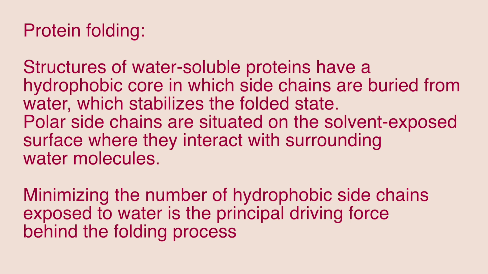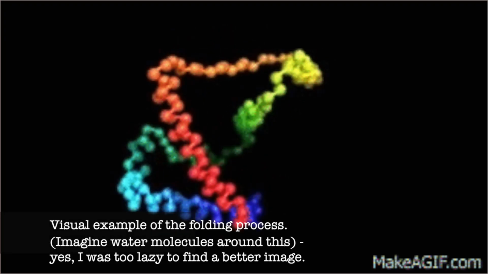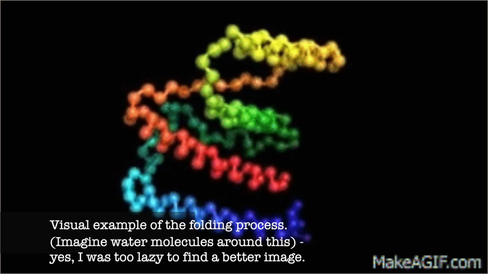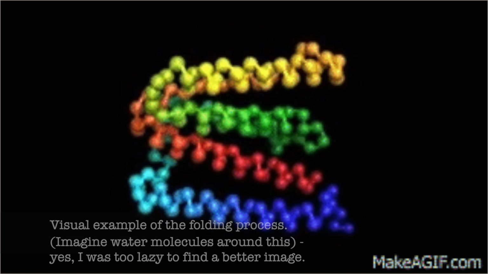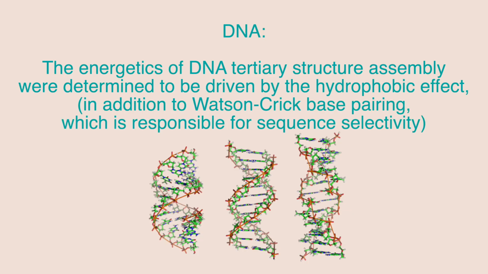This causes the folding of the protein, which compresses it, makes it more compact, makes it easier to transport, and also decreases the amount of energy required to stabilize the molecule itself. Something similar happens even in stabilizing the tertiary forms of DNA.